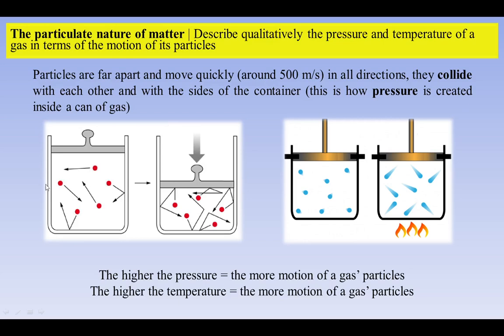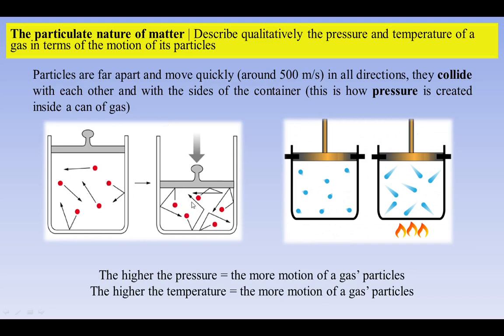Those particles are particles of gas, so they are moving randomly, but they are hitting the walls. So in this case, we have a pressure, but by decreasing the volume, we are forcing those particles to hit the walls more frequently than this one here.